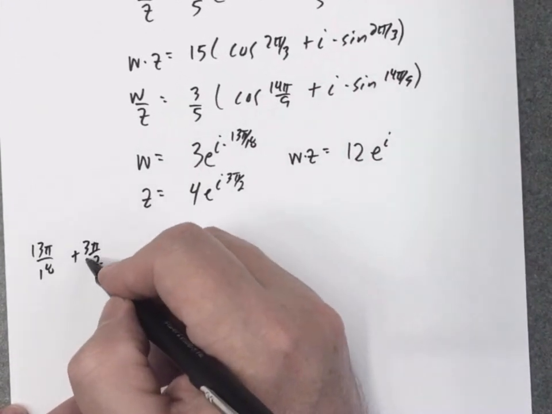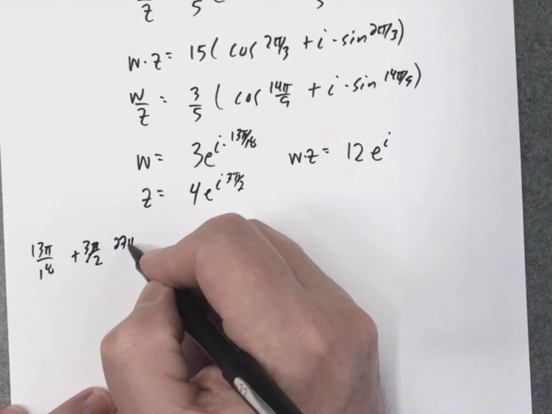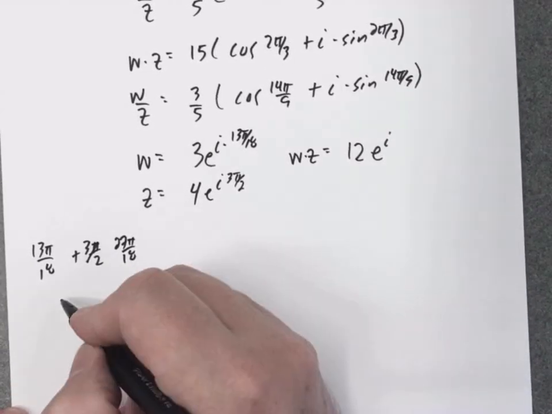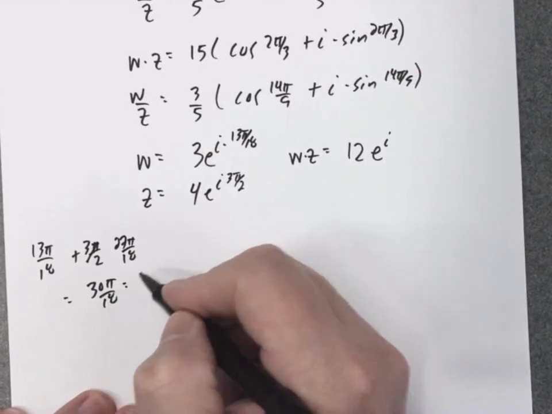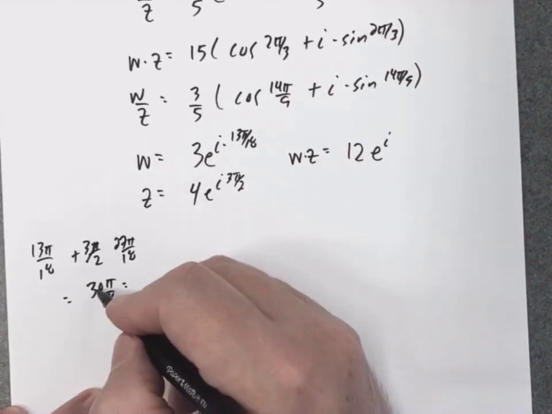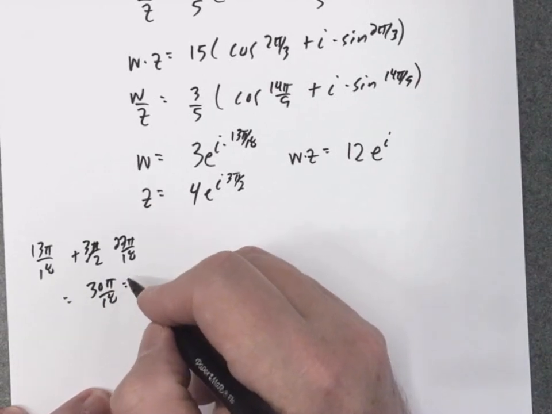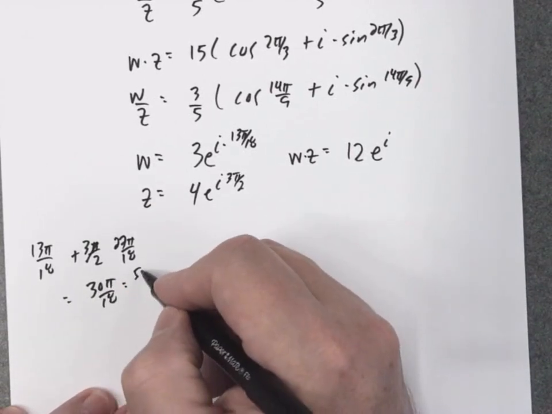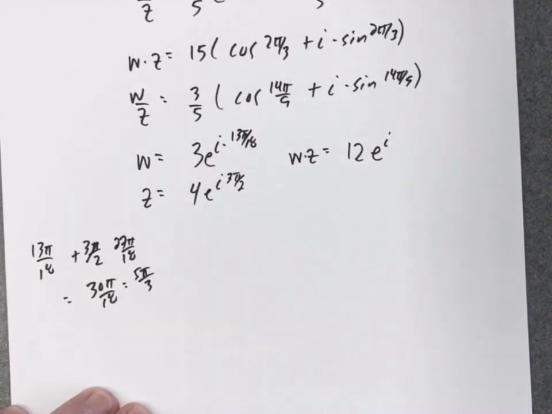Common denominator, this is multiplied by 9, so 27 pi over 18. So 30 pi over 18, which reduces down to, if I divide by 6, 5 pi over 3.